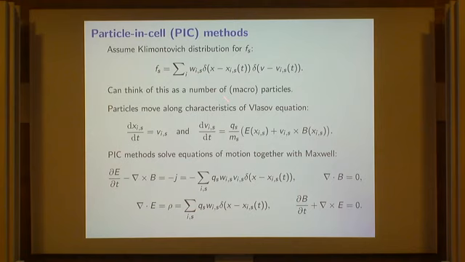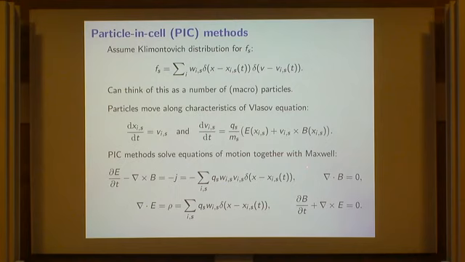Okay, so then these particles, which now have a position and a velocity, move along the characteristics. Basically it says they move as particles. And what this particle in cell method does is it solves these equations for a lot of particles together with the Maxwell equations.